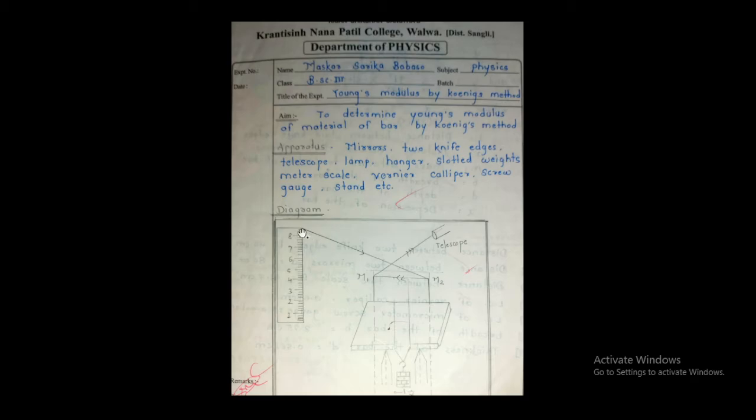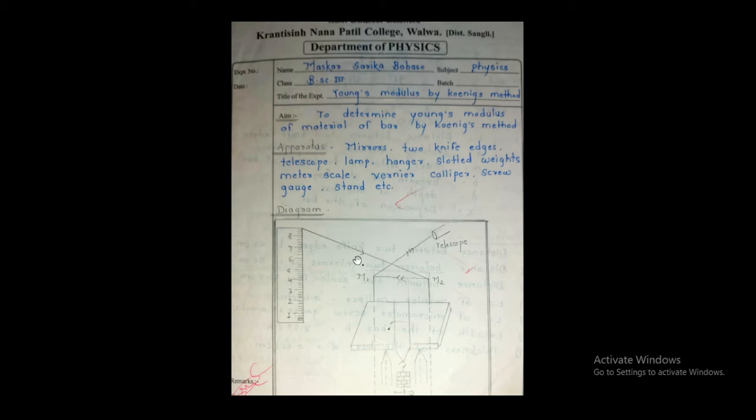The first ray comes from this vertical scale to mirror M2, then the reflected ray goes from mirror M2 to M1, and the final ray is focused in this telescope for the reading.